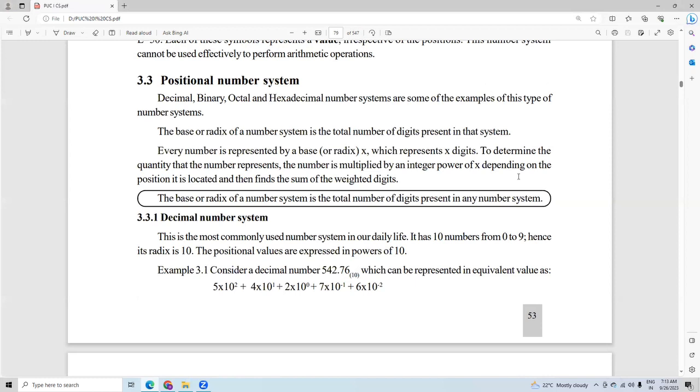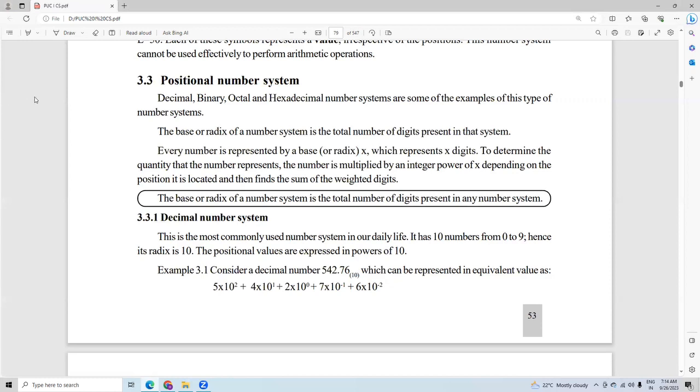In this, we have decimal, binary, octal, and hexadecimal number systems, which are positional number systems, right? In all these number systems, one special term we will be using is the base or radix of a number system. That means it represents the total number of digits present in the number system.